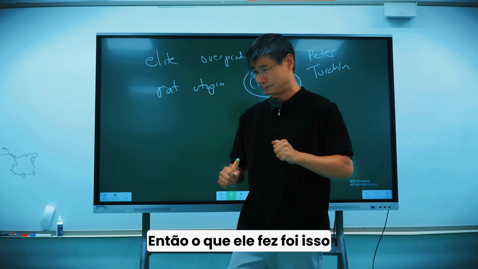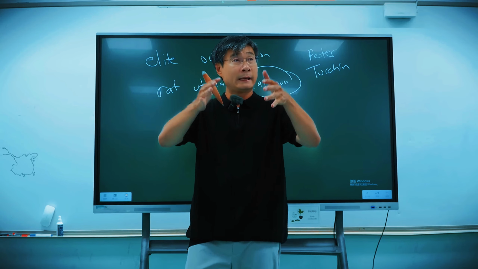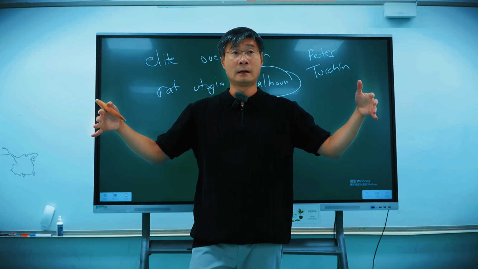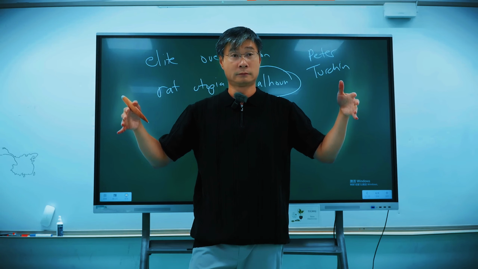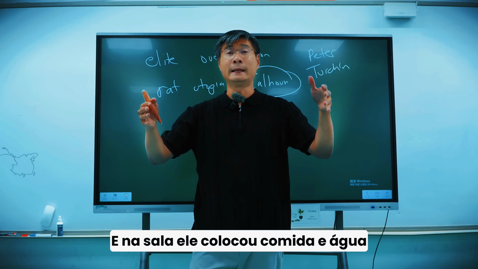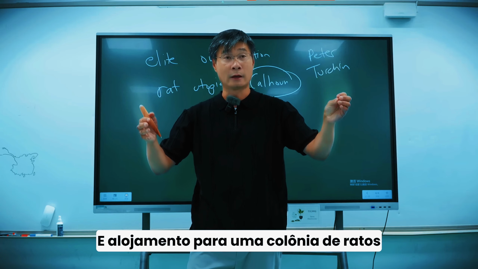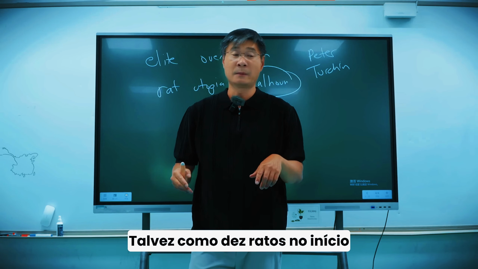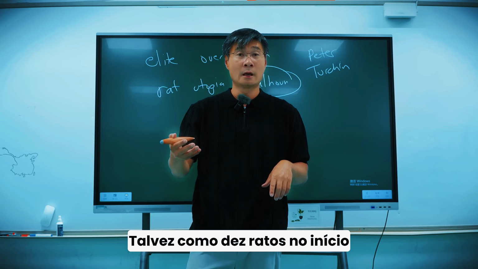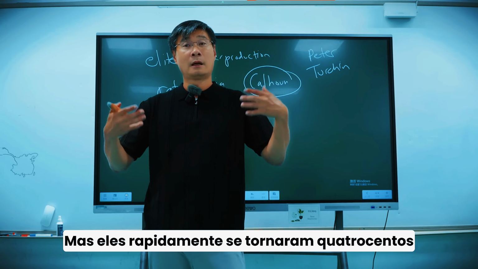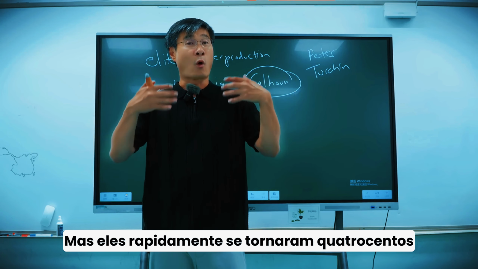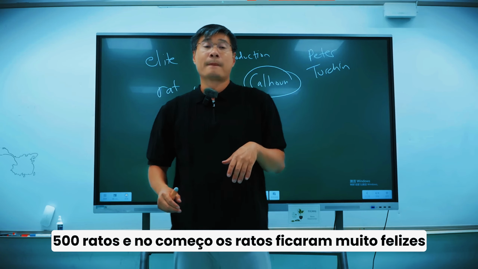So James Calhoun conducted these experiments to figure out what this meant for the world. So what he did was this. He had a room, okay, that was sealed off from the world. And in the room, he put in food and water and housing for a colony of rats. Maybe like 10 rats at first, but they quickly became 400, 500 rats.